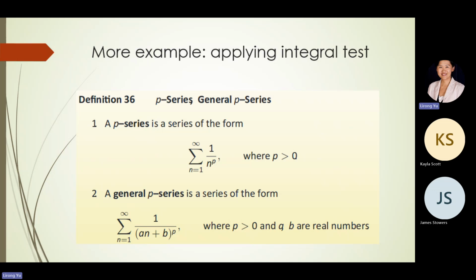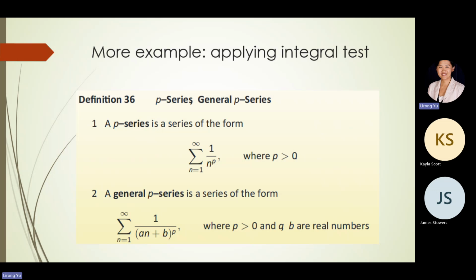So far we have a couple of special series already, and we're gonna define something called a P series. What's a P series? P as in the initial letter of power. So you have 1 over a power function, and that power in the denominator determines whether the series will converge or diverge.